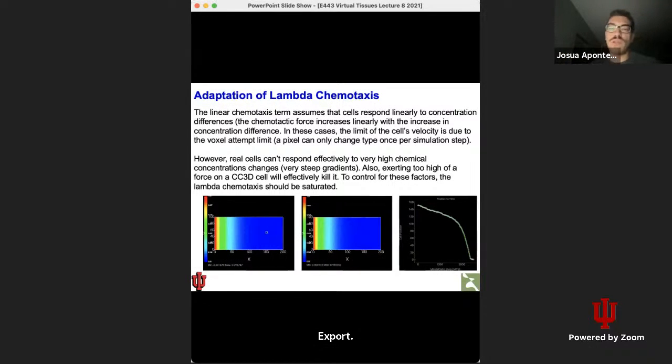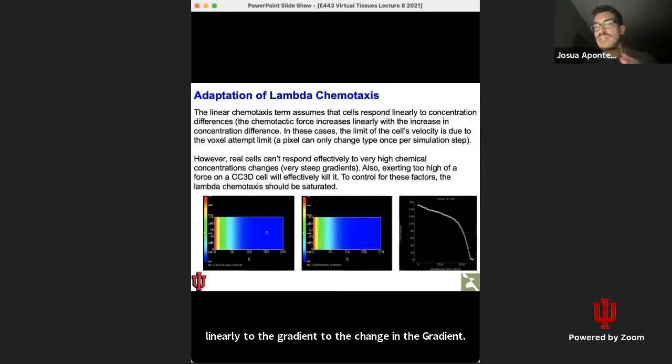That would lead to cells disappearing because the force that they are experiencing is too high. And in reality, cells do not go as fast as they can: you cannot just increase the gradient and expect the cell to respond always linearly to the change in the gradient.